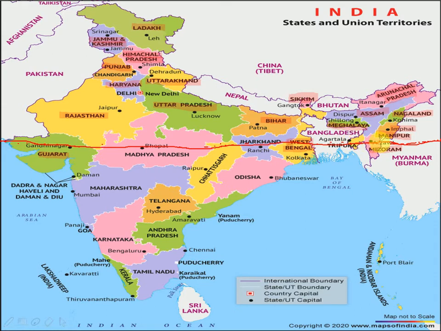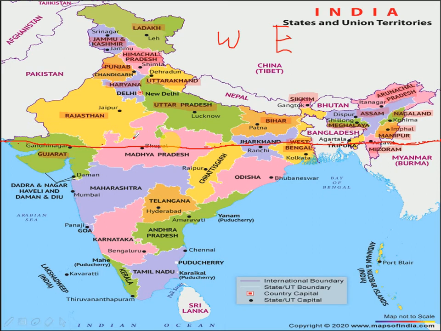The names of these states are very important. Sometimes they will tell you to arrange the states through which the Tropic of Cancer passes from west to east. So the first thing that you should do is to identify those states and then arrange them. You will think it is easy, but sometimes they would give you wrong options, wherein some states through which the Tropic of Cancer does not pass will also be part of the options. So you need to be very, very careful.